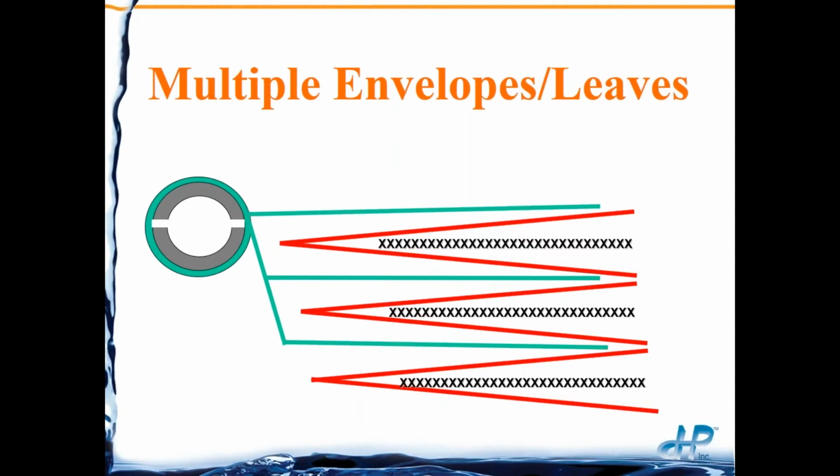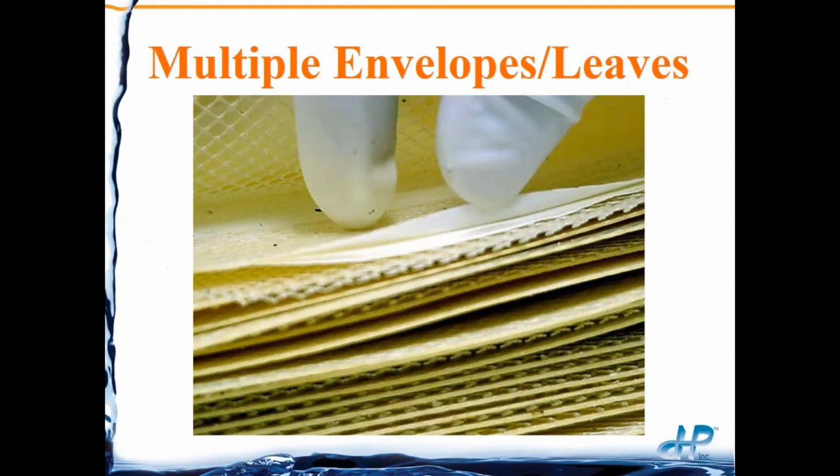We then have the very ends of them glued together, and then these two right here will be glued together. These two right here will be glued together, and then this one will wrap around and glue together with this one, and of course encasing or enveloping our permeate water carrier on the other side there. And here's an example of a multiple envelope membrane element.